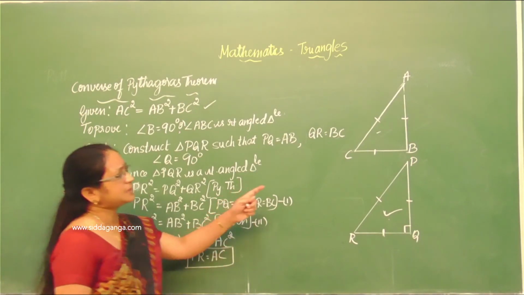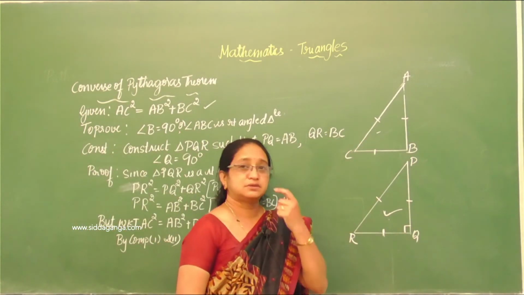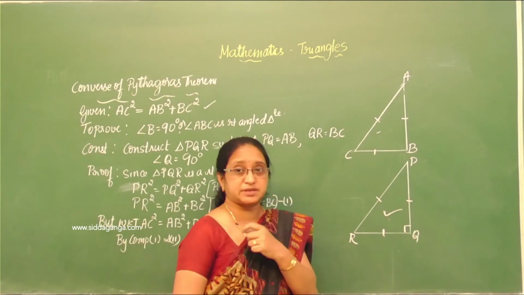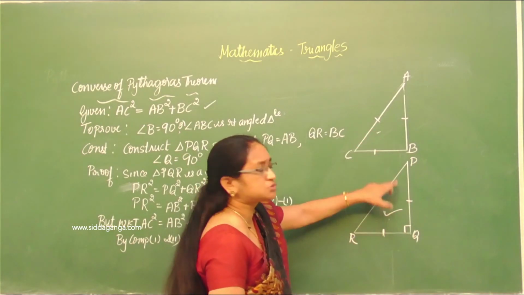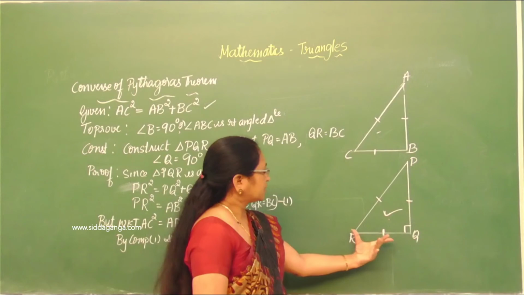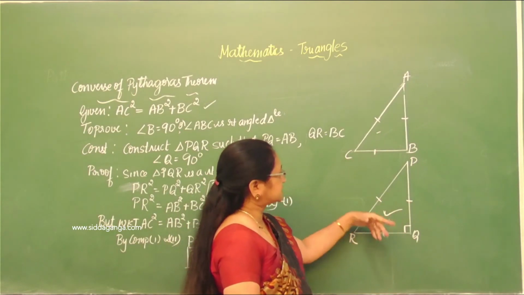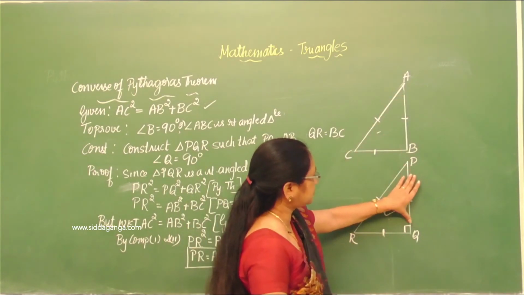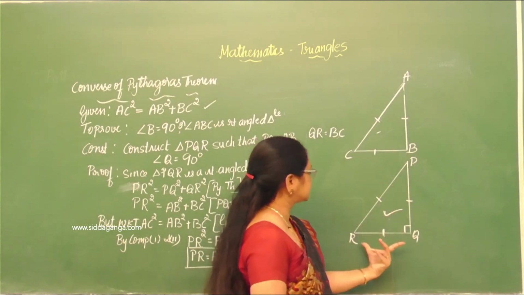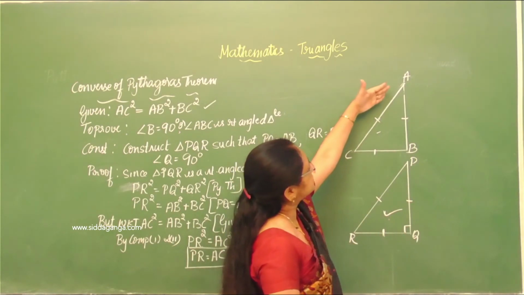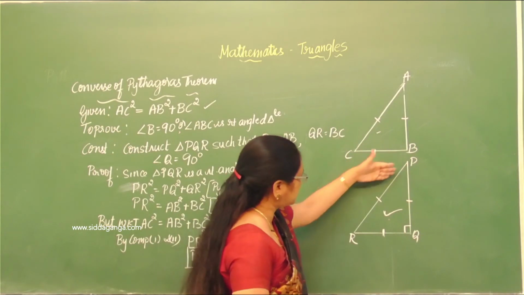Now when you compare these two triangles, it's a very, very important step. All the sides, just observe, AB is equal to PQ, in the same way BC is equal to QR, and just now we got that AC is equal to PR.